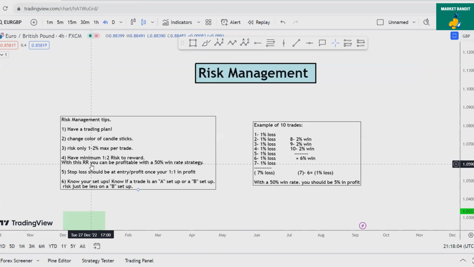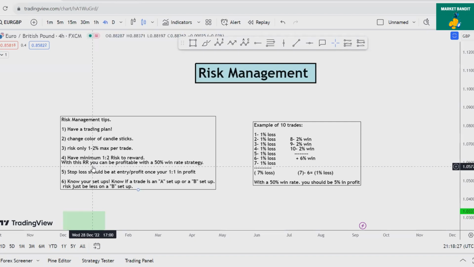Some trades are only going to be a 1 to 1, right? And some trades may only go 0.5% in profit, and it could reverse and hit stop loss, whatever case be. But there's rules to protect yourself from that as well. But as always, have a minimum of 1 to 2 risk to reward.